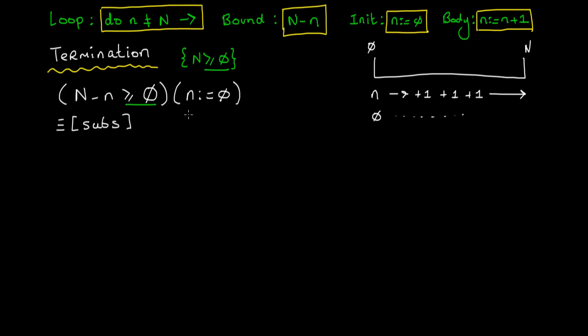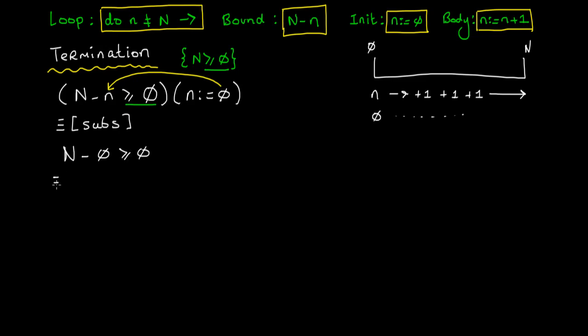So through substitution, what we're going to do, wherever there's a small n, we're going to substitute in a 0. So we end up with n minus 0 greater than or equal to 0.